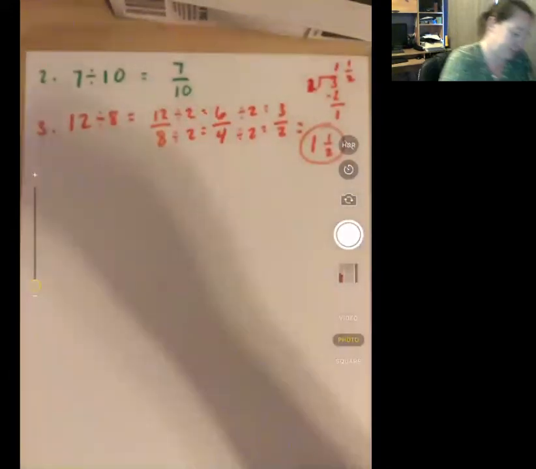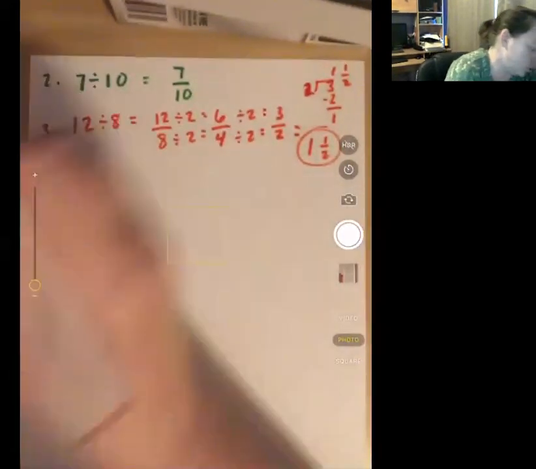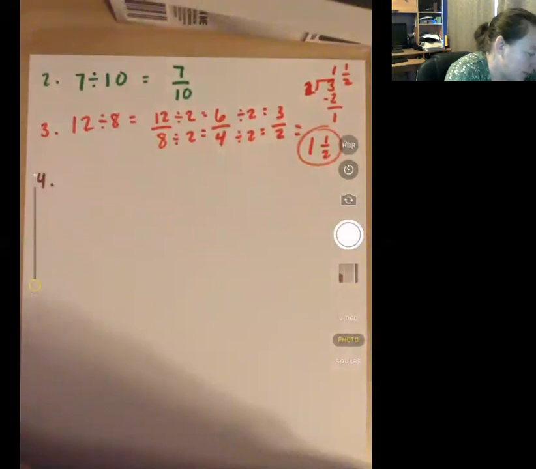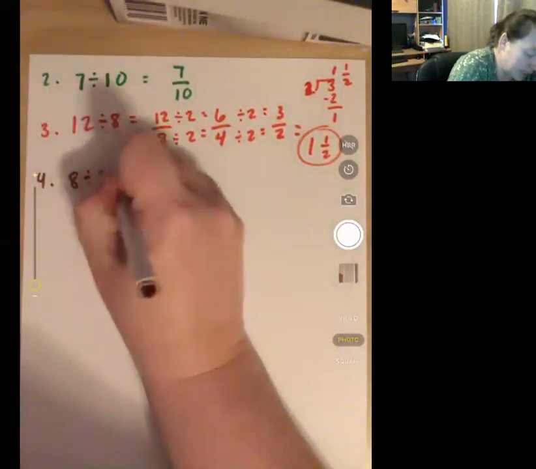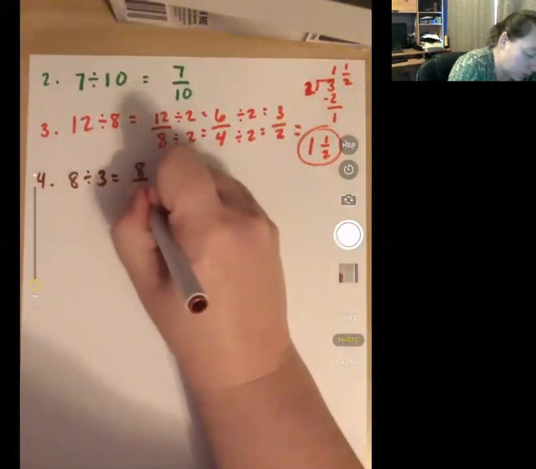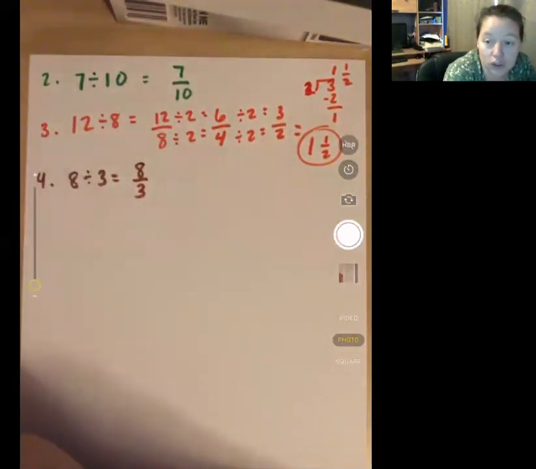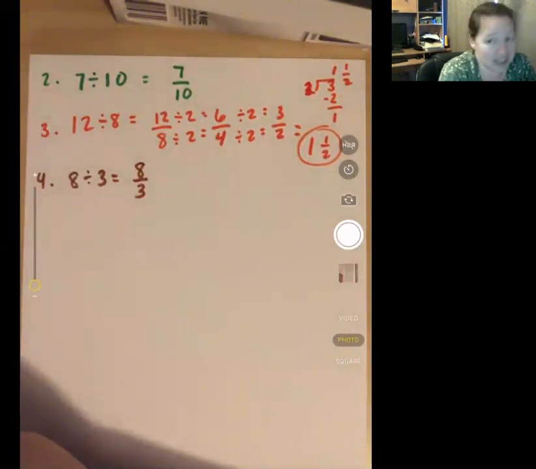Number 4. 3 girls share 8 yards of fabric equally. How many yards of fabric does each girl get? 8 divided by 3 is the same as 8/3. They're not even, so I can't take out a 2.